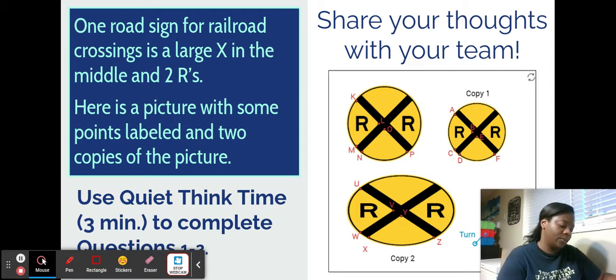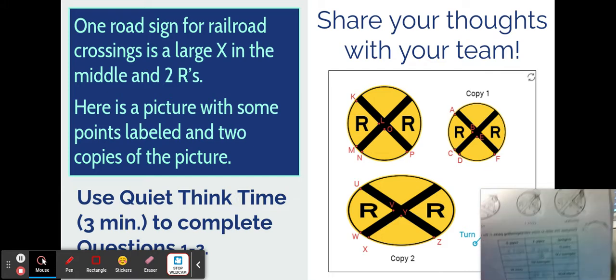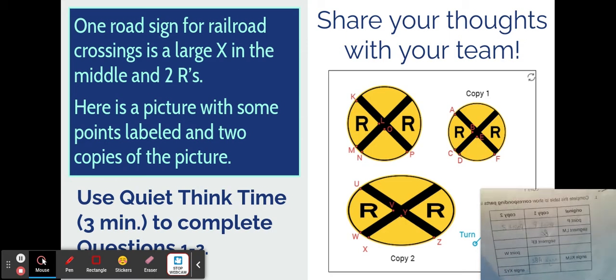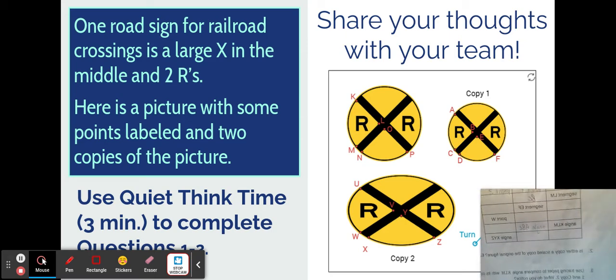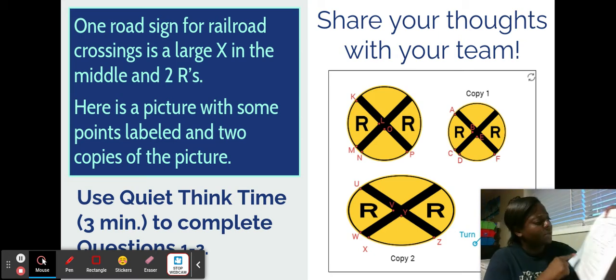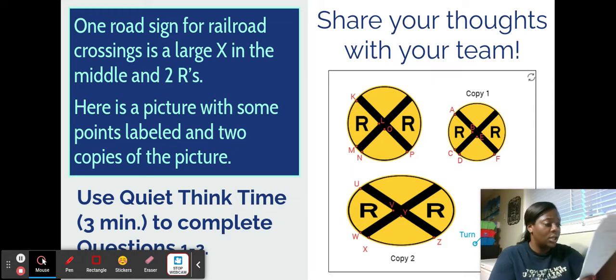Two minutes left. Remember, in this time, you're finishing up number 1 because we already started it off. And then you are also doing number 2 down here, which is just asking which one of these copies, between copy 1 and copy 2, are actual real scale copies of the original. Now remember, a scale copy, don't get fooled.